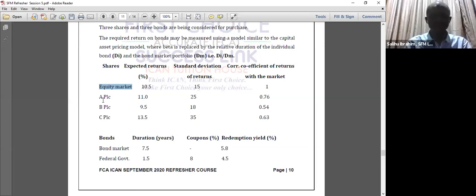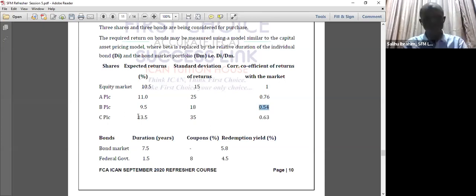APSA, this is the expected return on the shares of APSA: 11%, standard deviation 25, and the correlation coefficient with the market is 0.76. For BPSC, 9.5 expected return, 18 standard deviation, and 0.54 coefficient of correlation with the market.